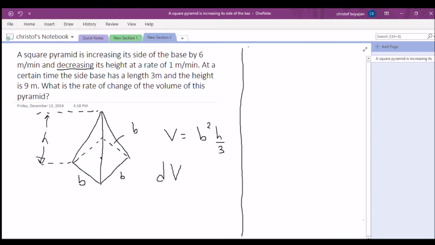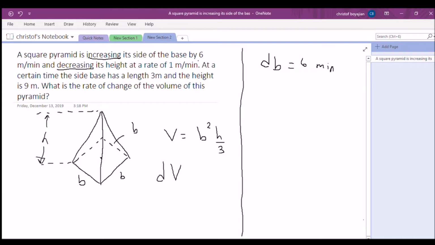Okay? So on this side, I'm going to write all the stuff that's been given to us. If I read this whole statement again, the pyramid is increasing the side of its base by 6 meters per minute. So this is the rate of change of the base, not the base itself. I'm going to denote the rate of change as dB.